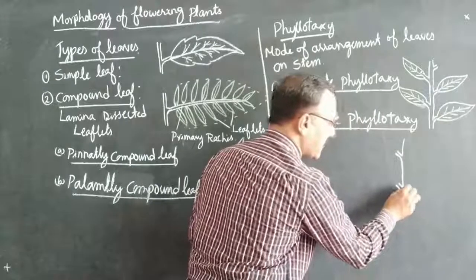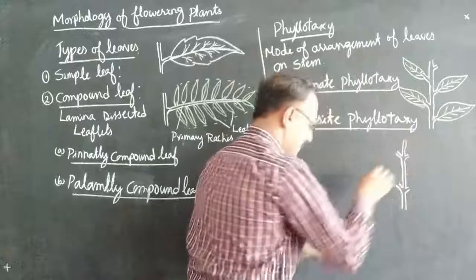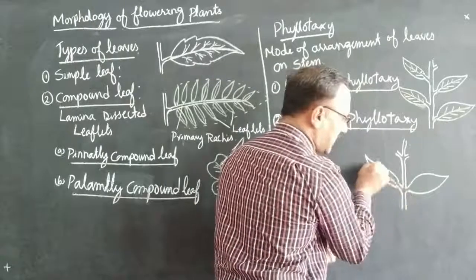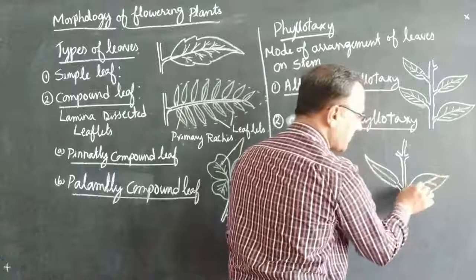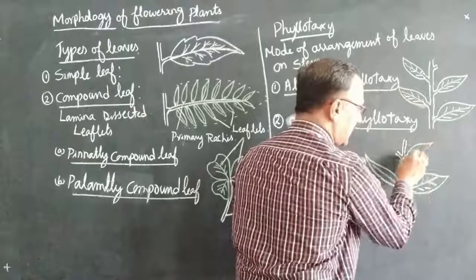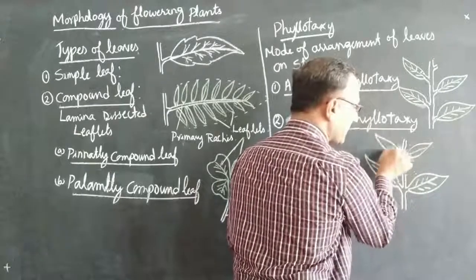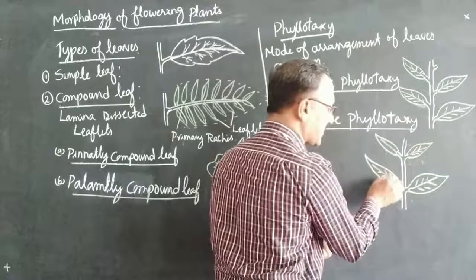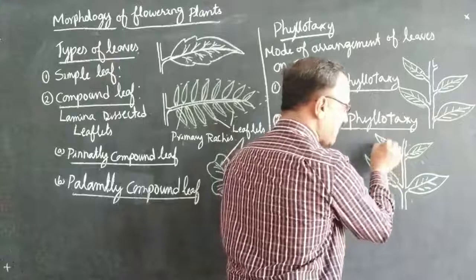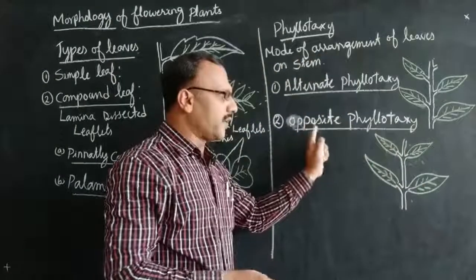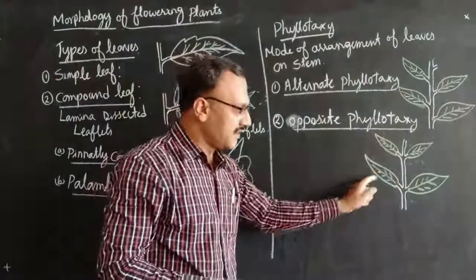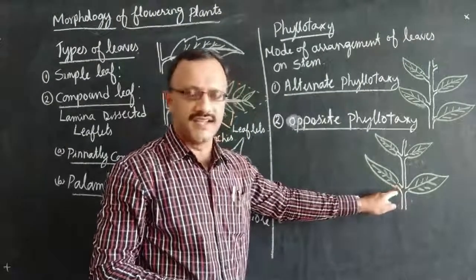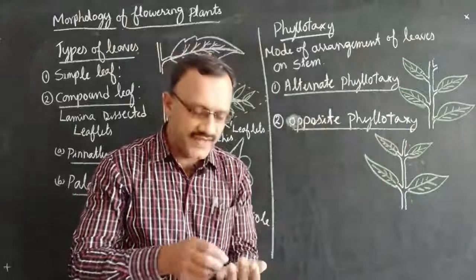Here, a pair of leaves attaching at each node. You can see in case of vinca, whereas alternate Phyllotaxy you can come across in hibiscus, the best example. So here the pair of leaves found at opposite regions of the node, this is called opposite Phyllotaxy. Best you can see in case of vinca.